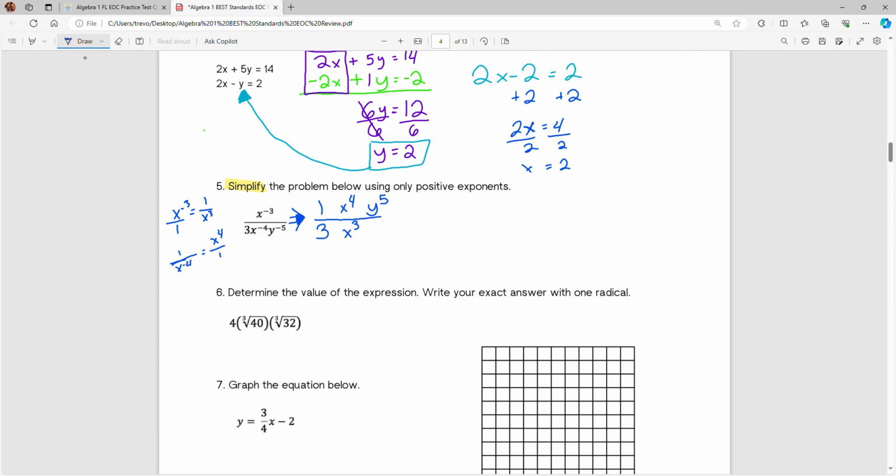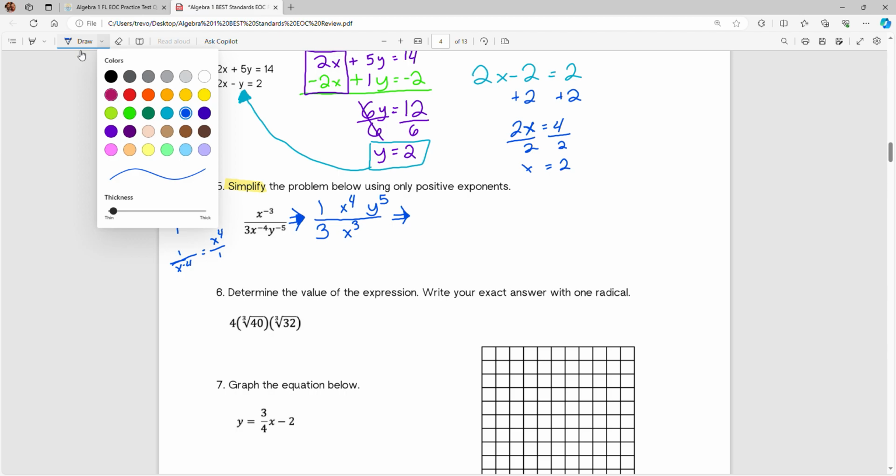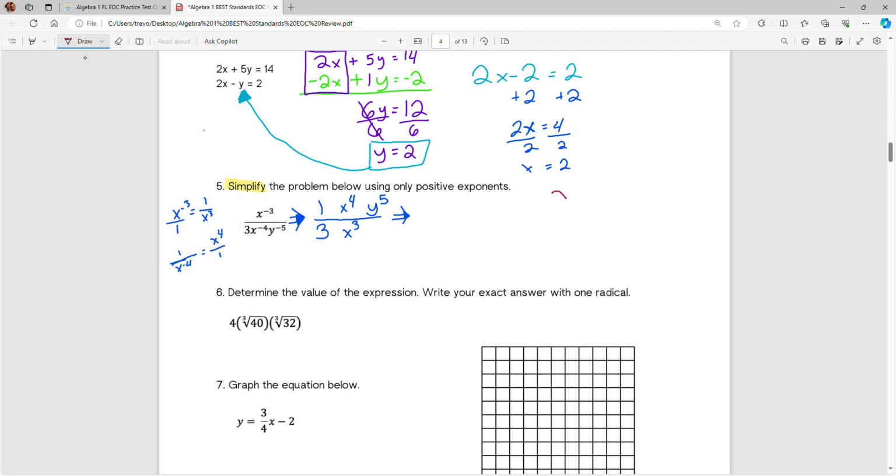And now I can continue simplifying. My x to the power of 4 over x to the power of 3. I'm just going to think about that one little part and what it means. X to the power of 4, 1, 2, 3, 4 means x times itself 4 times, and x to the power 3 means x times itself 3 times.